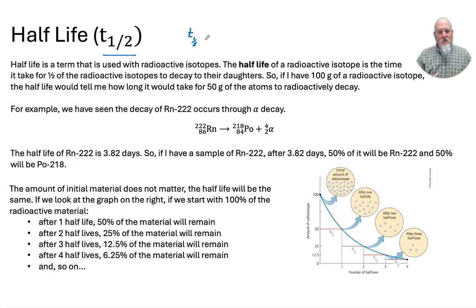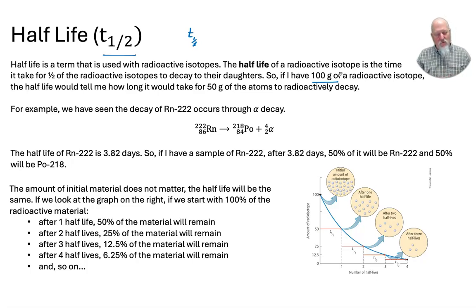It's the amount of time it actually takes for half of the amount of the radioactive species we have to decay into its daughter. For example, if you start with 100 grams of a radioactive isotope, and we wait the time that the half-life is, we'll have 50 grams of that material left.